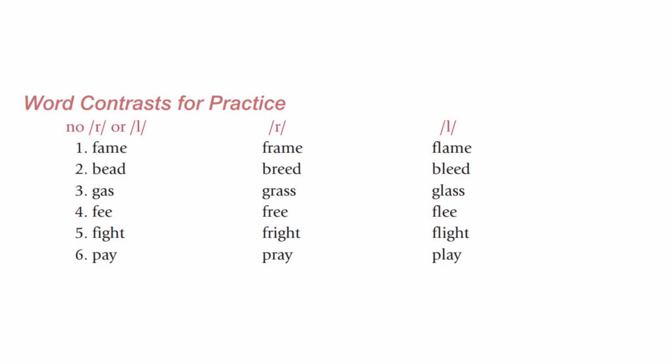Word contrasts for practice. You will hear 3 sets of words. The first one contains no R and no L. The second one contains an R, and the third one contains an L. Fame, frame, flame. Bead, breed, bleed.